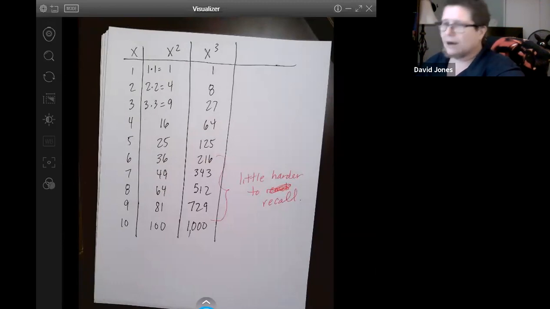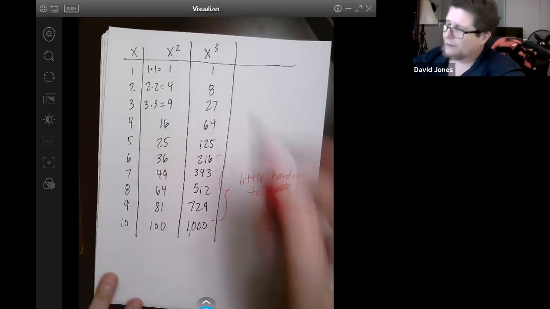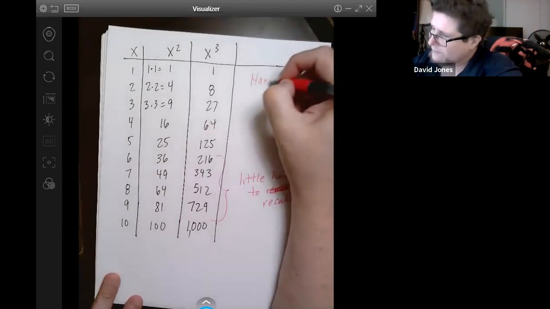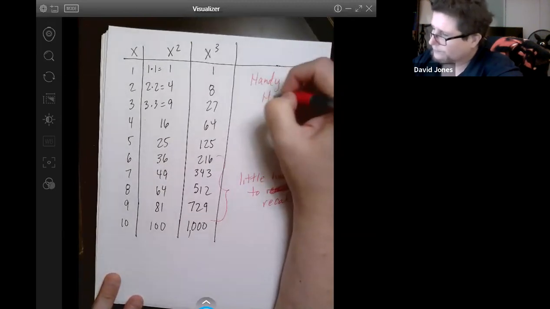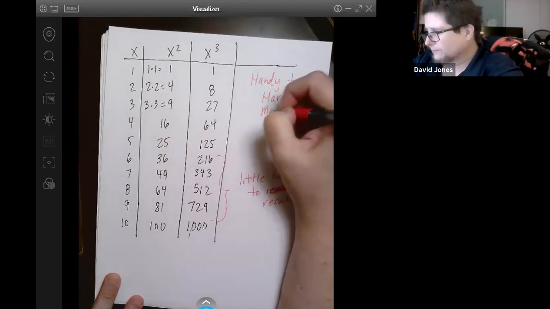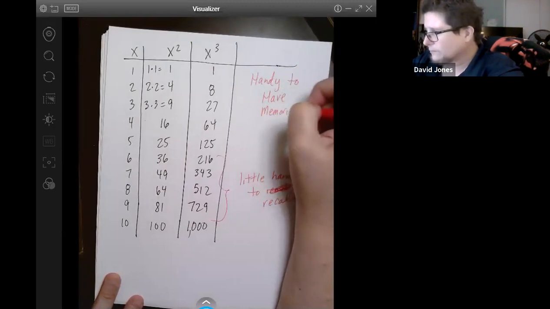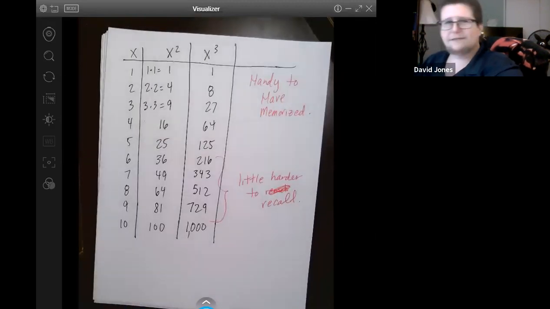So even if you just write it out and have it on a piece of paper on your wall while you're working, it's handy to have memorized. But hopefully at least familiar. And if you don't memorize them, maybe recognizing 343, I know it's something. If I see it, I know it's something. I can go look it up.